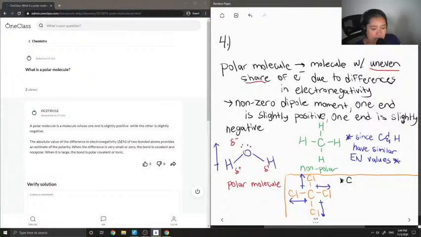So the carbon and chlorine bond is a polar bond because chlorine is more electronegative than carbon, but the entire CCl4 molecule is non-polar.